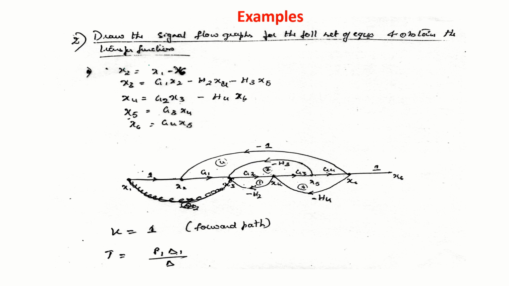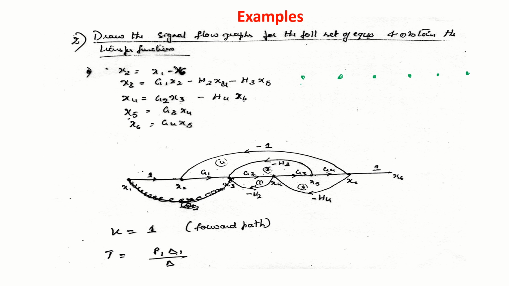This is the example. We can very clearly see that there are 6 signals in this case: X1, X2, X3, X4, X5, X6.